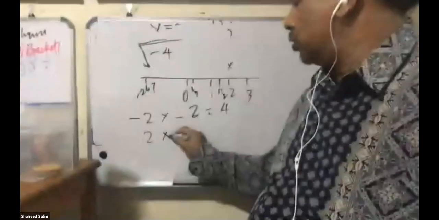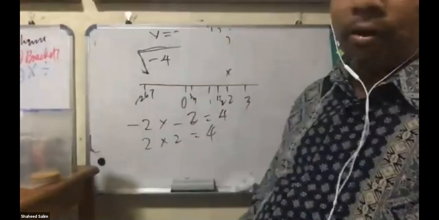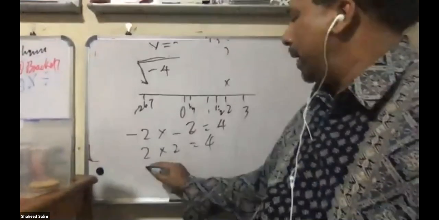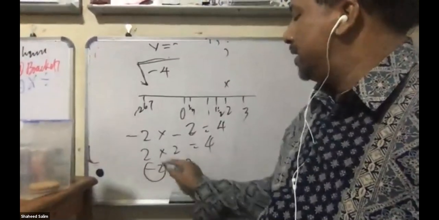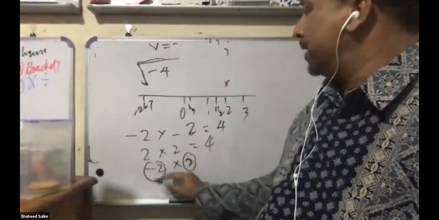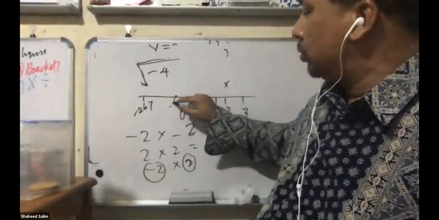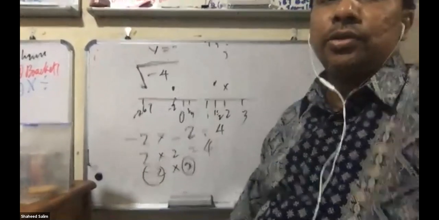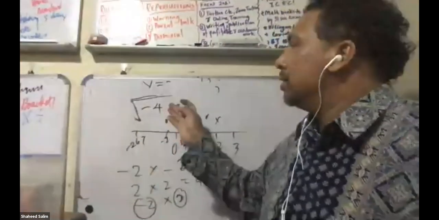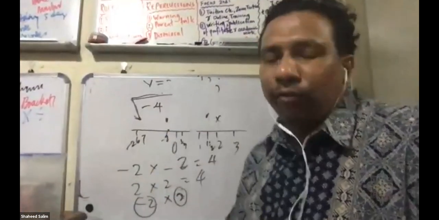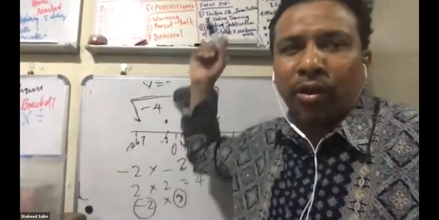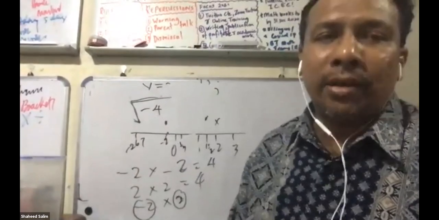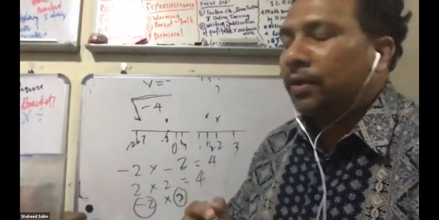And 2 times 2 is +4, not -4. To get -4 you need -2 times 2, but these are different numbers. So there's no such thing as square root of -4. You cannot get the square root of a negative number. It's an irrational number. Okay, I hope you get it.